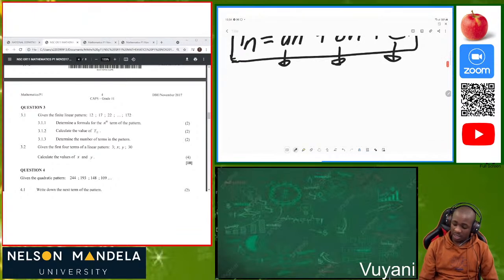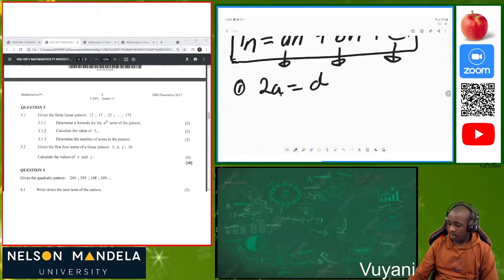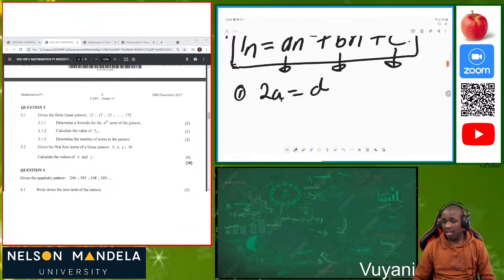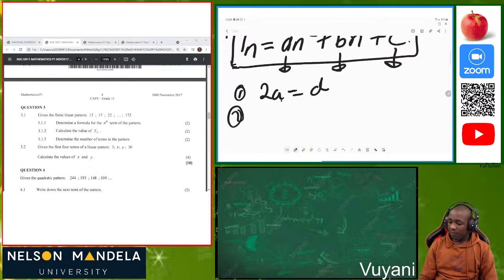To get a, we use equation 1, which is 2a is equal to d, where d represents the second constant difference. Then number 2, to get the value of b, we say 3a plus b is equal to term 2 minus term 1.